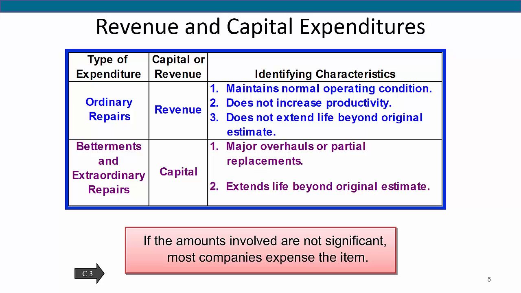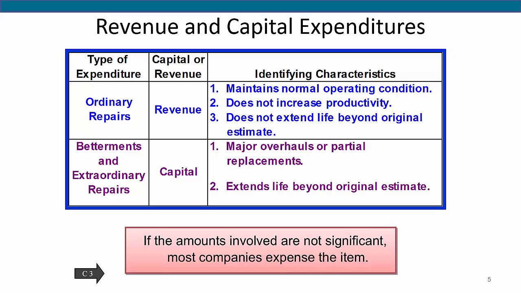Betterments or improvements are also the type of expenditure that make a plant asset more efficient or productive. A betterment often involves adding a component to an asset or replacing one of its old components with a better one and does not always increase an asset's useful life.